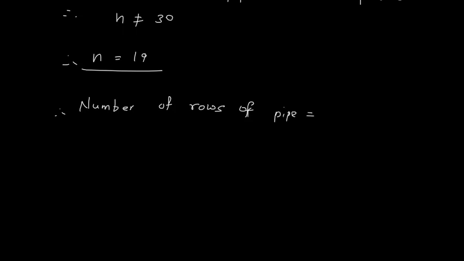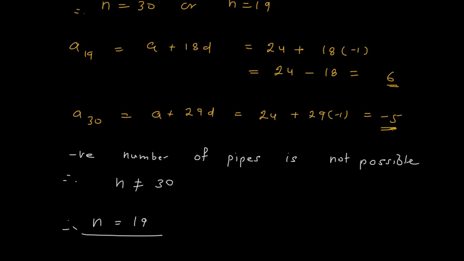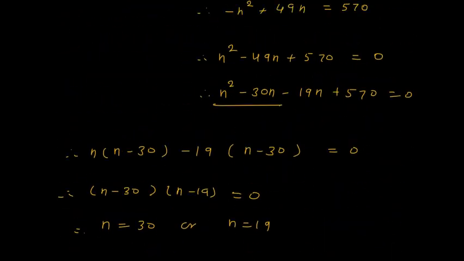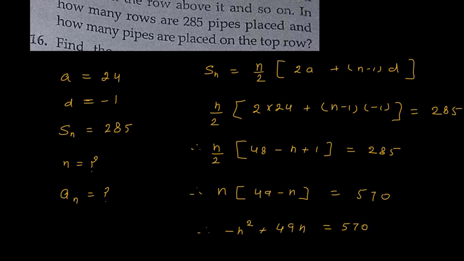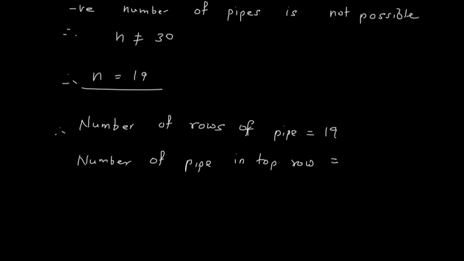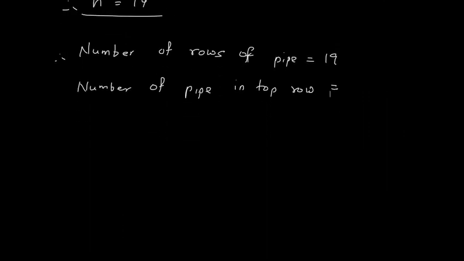Total 19 rows, and number of pipes in top row. In top row, how many pipes are there? In top row we have a19 is 6. So number of pipes in top row is 6. Okay, so number of rows of pipe is 19, and the number of pipes in the top row is 6. Okay, so this is your question number 15.